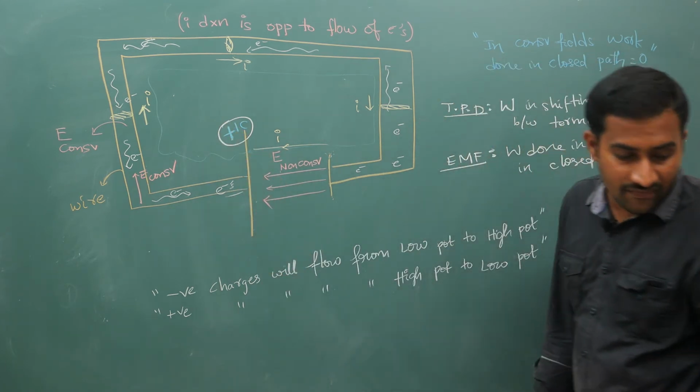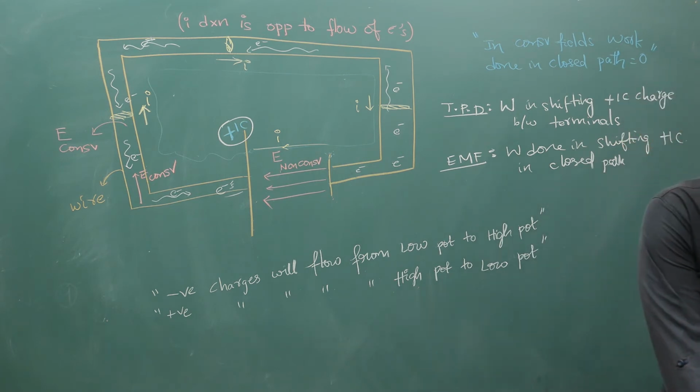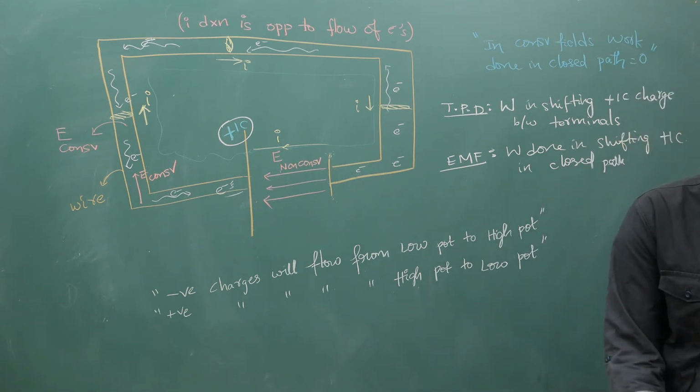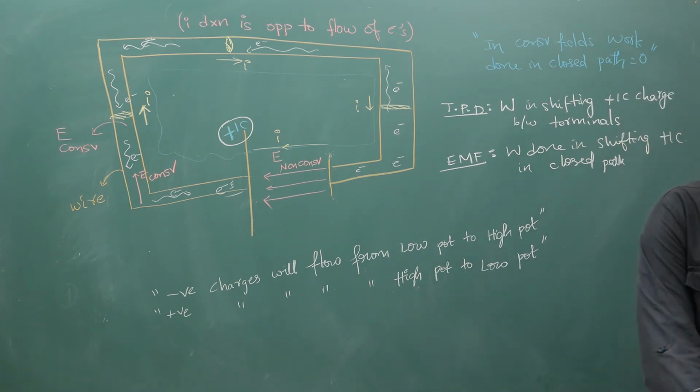Work done in shifting plus 1 coulomb charge to the same point is your EMF. And terminal potential difference is the work done in shifting plus 1 coulomb charge between the terminals.